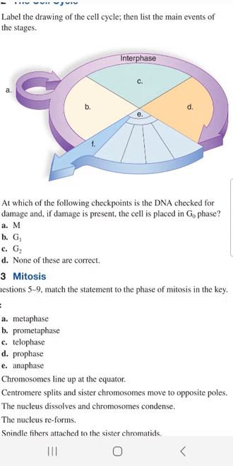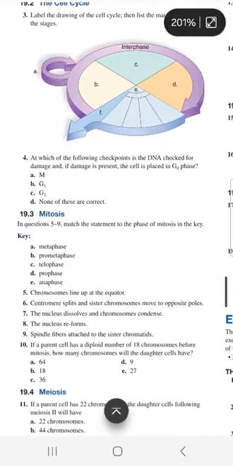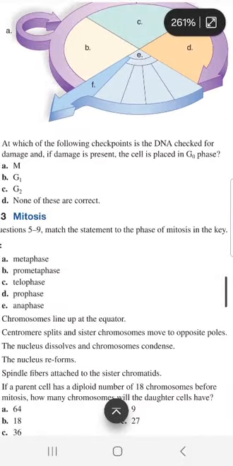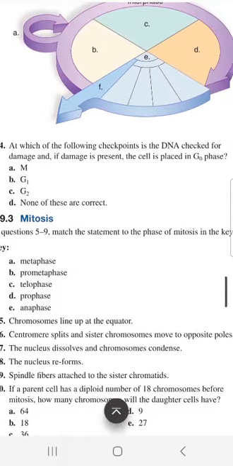The first stage of interphase is G1, then you have the S phase, then G2, then E, which is mitosis or cell division, and then F is cytokinesis, which is the division of the cell cytoplasm.